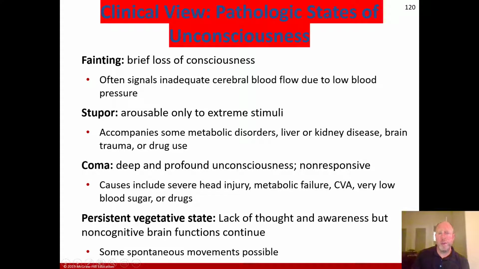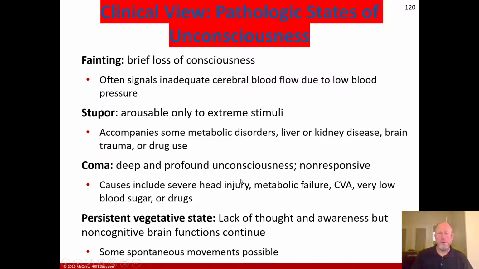For clinical views, pathologic states of unconsciousness, some again would be good to know, important for later, vital for later, just not as much now. Fainting or brief loss of consciousness often signals inadequate cerebral blood flow due to low blood pressure. Stupor is arousable only to extreme stimuli. It accompanies some metabolic disorders, liver or kidney disease, brain trauma, or drug use.